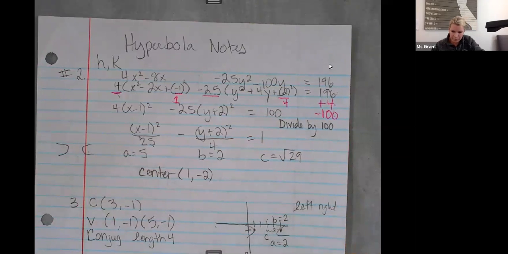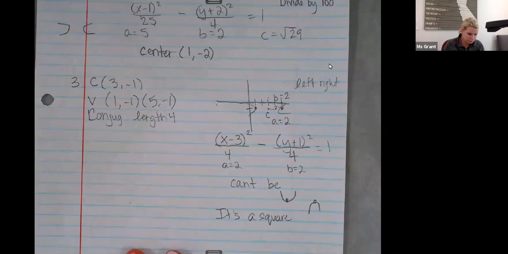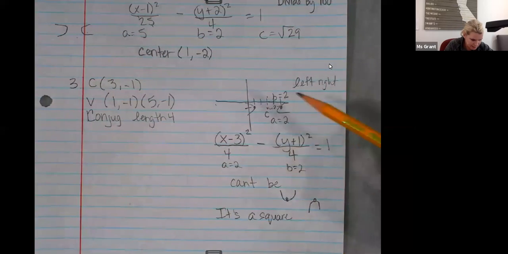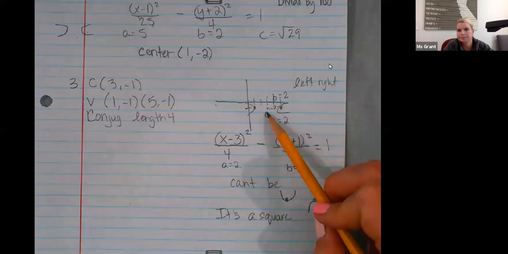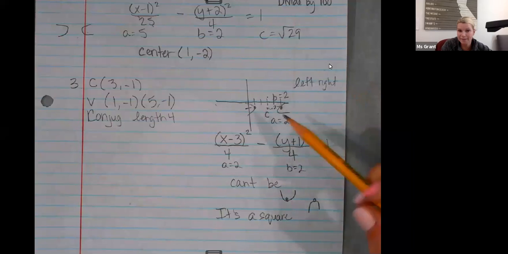Okay, number 3. Write the equation for the hyperbola with center 3, negative 1, and given vertices. So I had to graph all this, and I did. I first graphed my center, 3, negative 1. Then I saw that the vertices were identified, so I plotted the vertices.